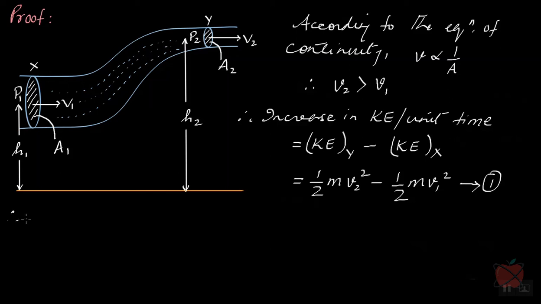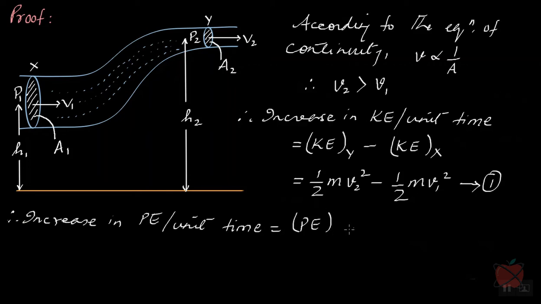So here also we will have increase in potential energy per unit time. This will be potential energy at Y minus potential energy at X. Okay, and what is the potential energy at Y? That is mgh2 minus mgh1. Let's call this equation 2.